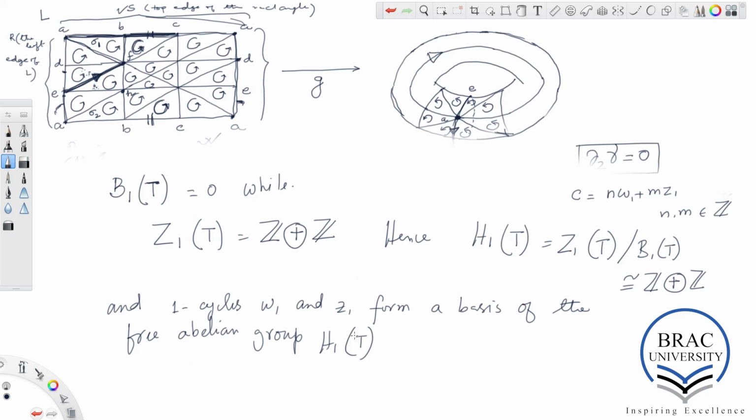This group is a free abelian group which is Z plus Z, and it's generated by these two one cycles, W1 and Z1.